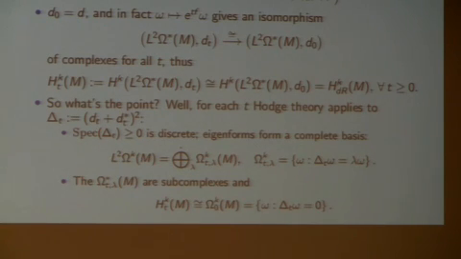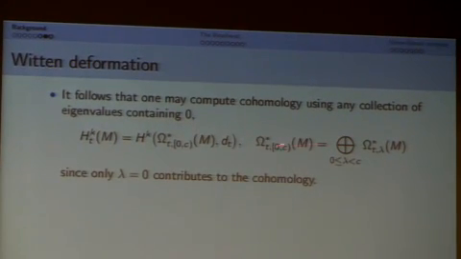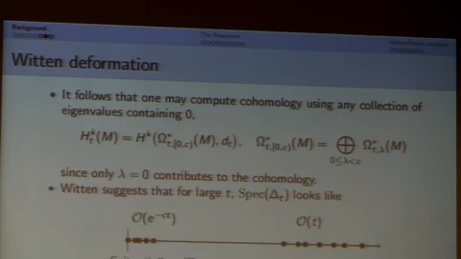So in particular, we can compute cohomology using any collection of these eigenvalues that contain 0. So, for instance, if I just take an interval and I restrict to eigenforms whose eigenvalues lie in the interval 0 to t, as long as that interval contains 0, I get the same cohomology.